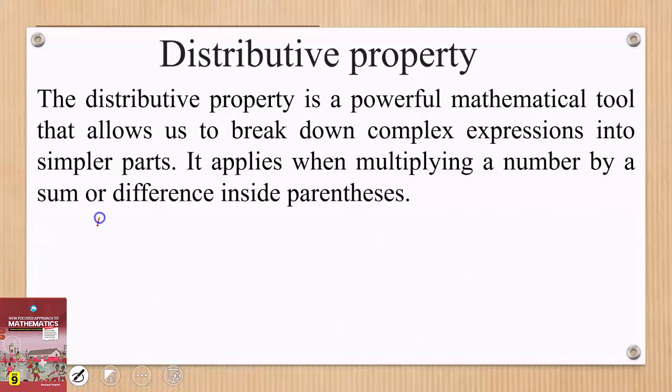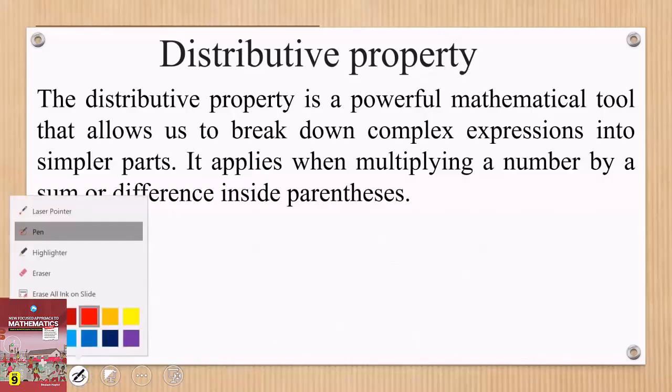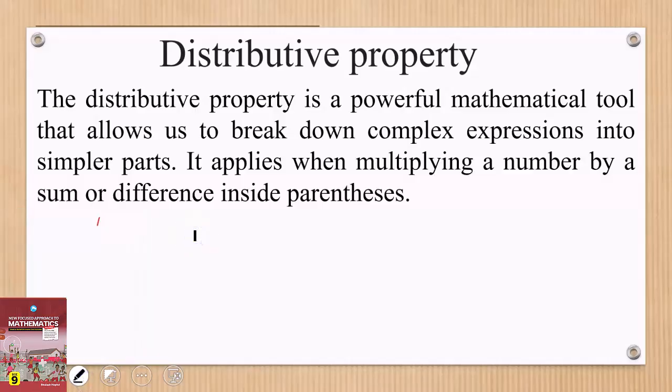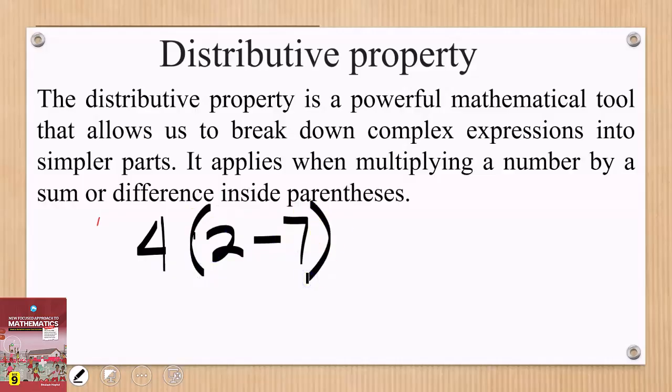So say I have 4 times 2 minus 7. This can be written as 4 times 2 minus 4 times 7.